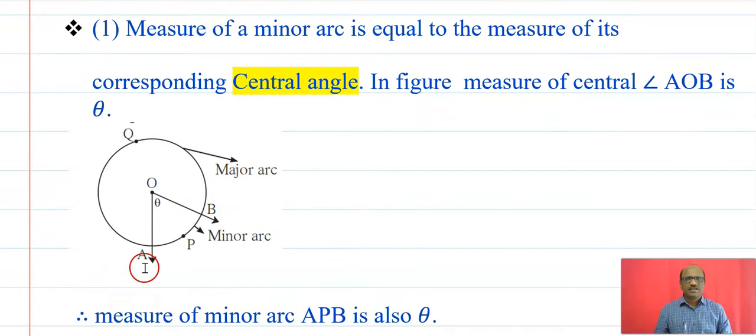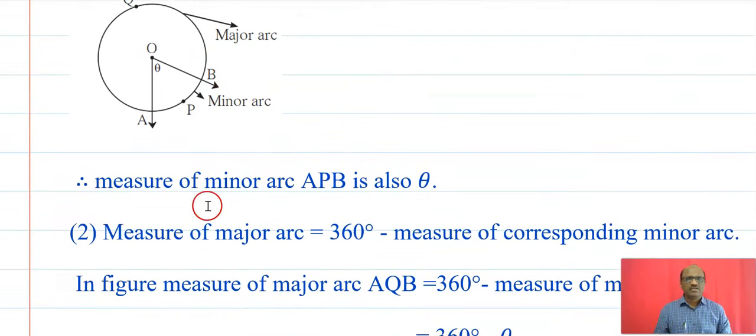Now see this figure. O is the center of the circle and the vertex of angle AOB is also O. The measure of angle AOB is theta and the measure of arc APB is also theta. Arc APB is the minor arc and arc AQB is the major arc.